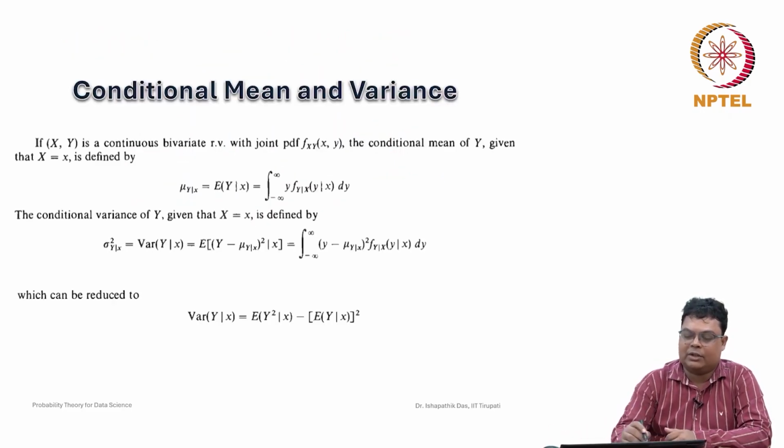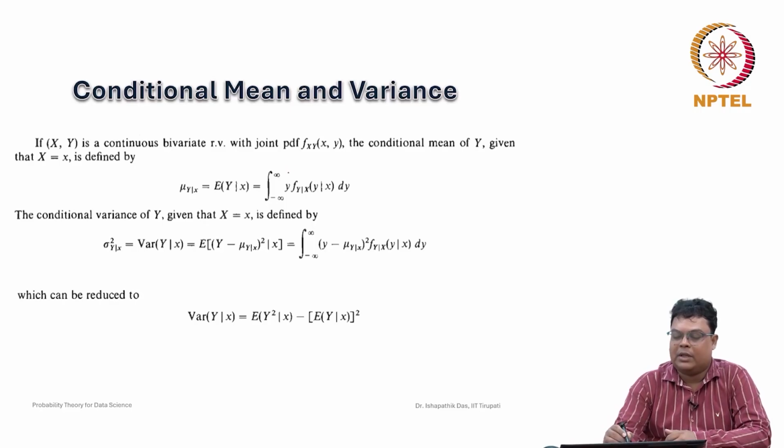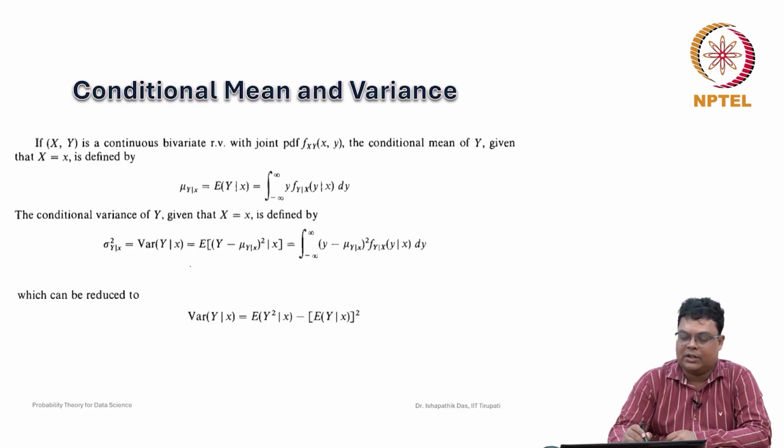X, Y is a continuous bivariate random variable with joint probability density function f of x, y. The conditional mean of y given X equal to x is the expected value of y given x, the integral from minus infinity to plus infinity of y f of y given x dy, and the conditional variance is the expected value of y square given x minus the expected value of y given x whole square.